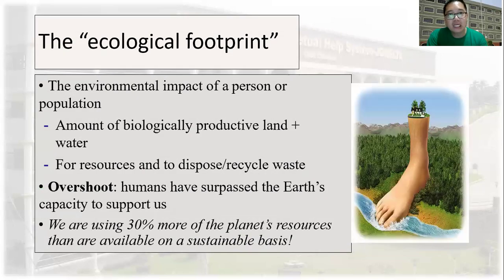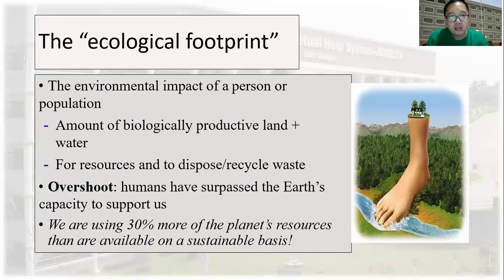Now let's talk about the ecological footprint. The ecological footprint is the environmental impact of a person or population on our environment. It is the amount of biologically productive land and water needed for resources and to dispose or recycle waste. When we say overshoot, humans have already surpassed the Earth's capacity to support us.